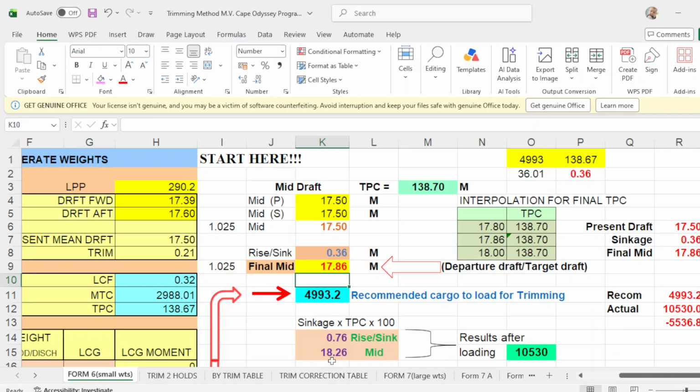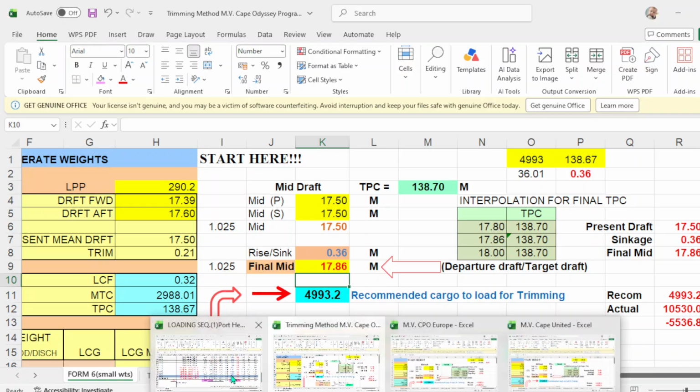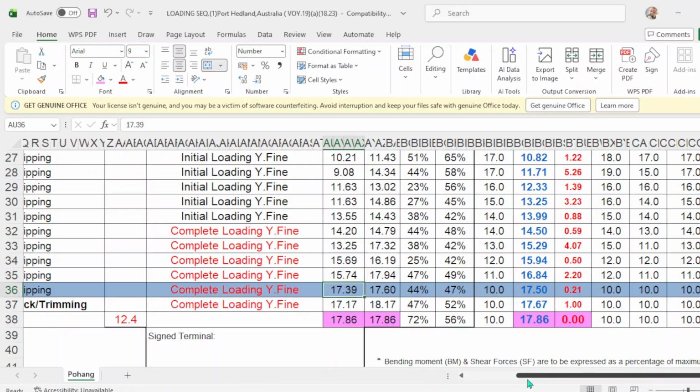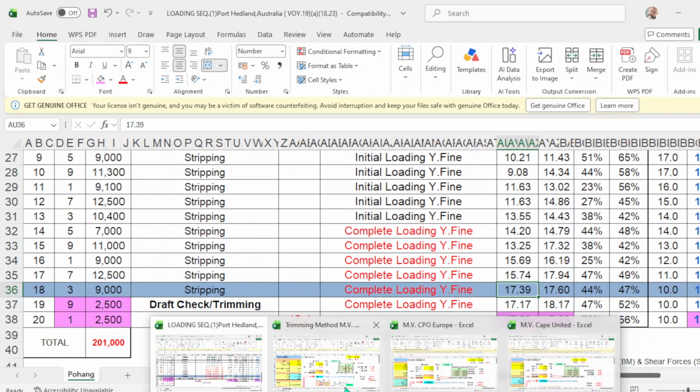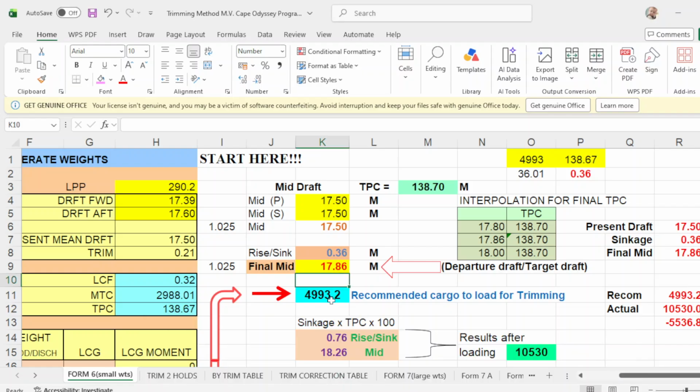Take note that the recommended cargo to load for trimming is 4,993. Well, according to the plan, it should be 5,000. Okay, so we are short of about 7 tons. Okay, so follow this arrow, which is going down.